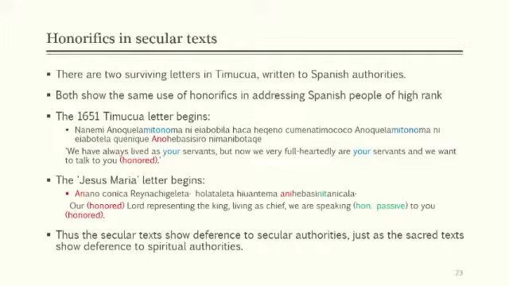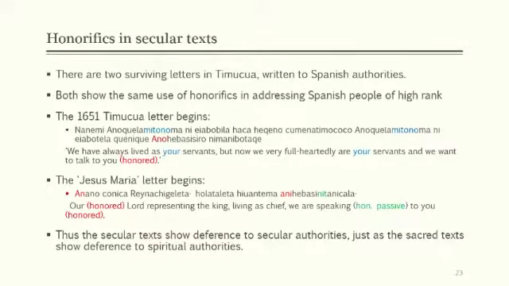And now it says once again, very full-heartedly, we are your servants, and we want to talk to you. And then we have the ano here, because the object of this verb, talk to, is an honored person. The Jesus Maria letter also has this system. So it starts off, our honored Lord, representing the king.